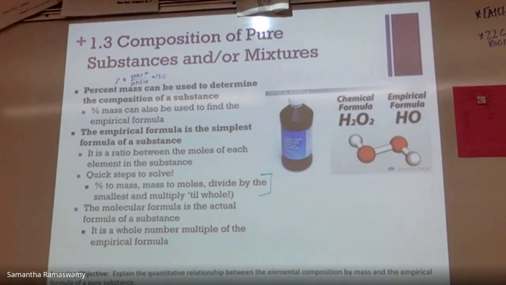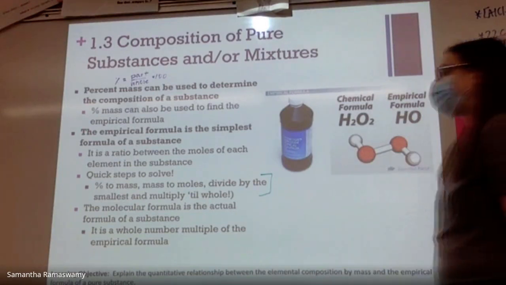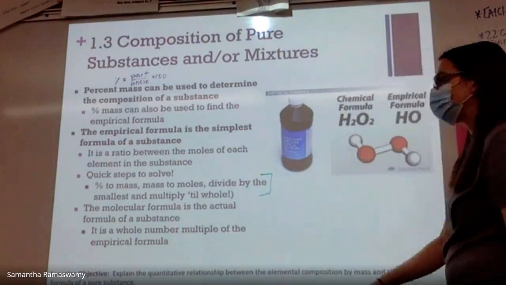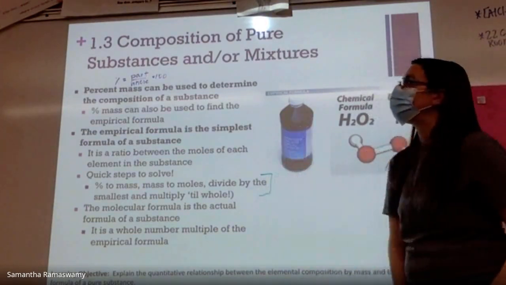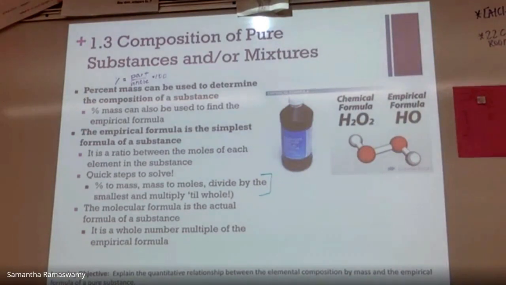It's always some multiple. So for empirical formula, those are your steps: percent to grams, grams to moles, divide by the smallest, multiply till whole. That and percent by mass are ways we can look at the composition of a pure substance.